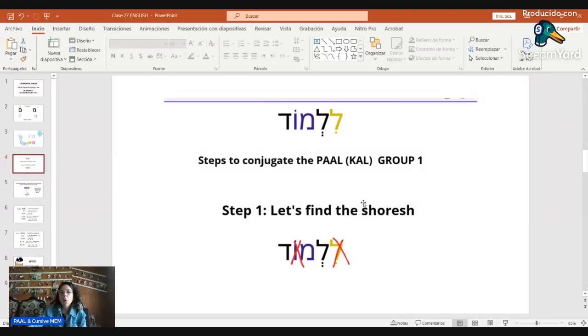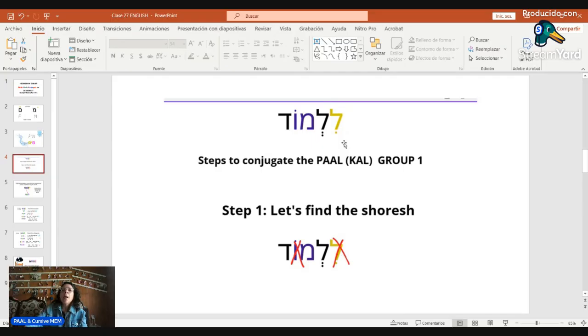Shoresh means root. Why? Because the root will remain in all the conjugation: he, she, they, we, I. So first we start by eliminating the first lamed.